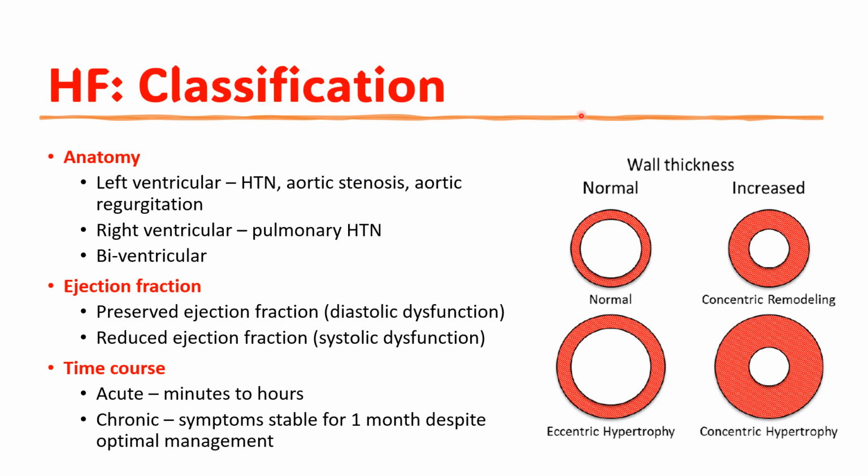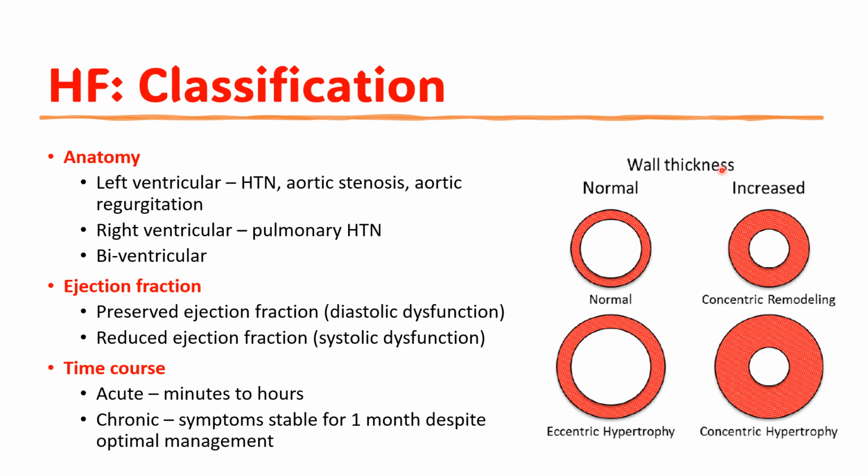Essentially, you have the heart trying to compensate for this, and you can have this term called cardiac remodeling, which we need to discuss. Cardiac remodeling is where the muscle layer of the heart changes as it tries to adapt to the hypertension in this example.